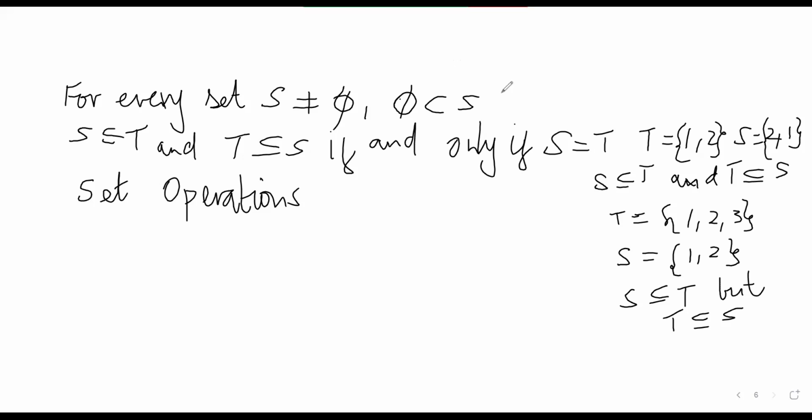So set operations, we have certain operations in sets. We have the union of a set.